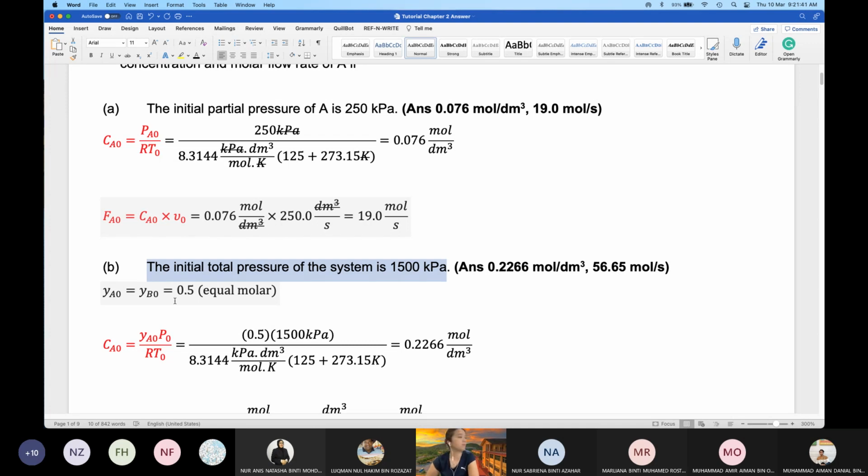So that's why in the equation, CA naught now equals YA naught multiplied with P naught, because YA naught multiplied with P naught is actually equal to PA naught. Mole fraction of A multiplied with total pressure equals the pressure of A.